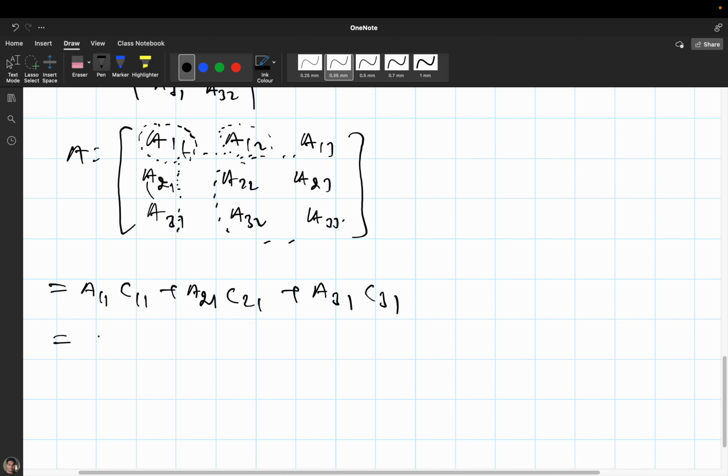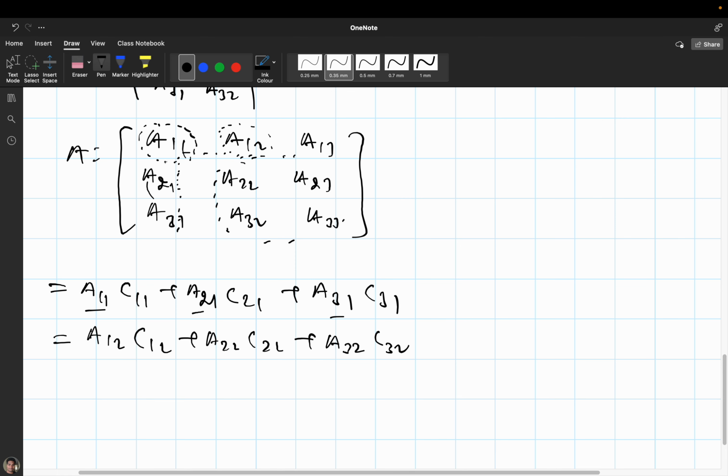Not only this, if you write A12 C12 plus A22 C22 plus A32 C32, then you can see that these are exactly the rows or exactly the columns.